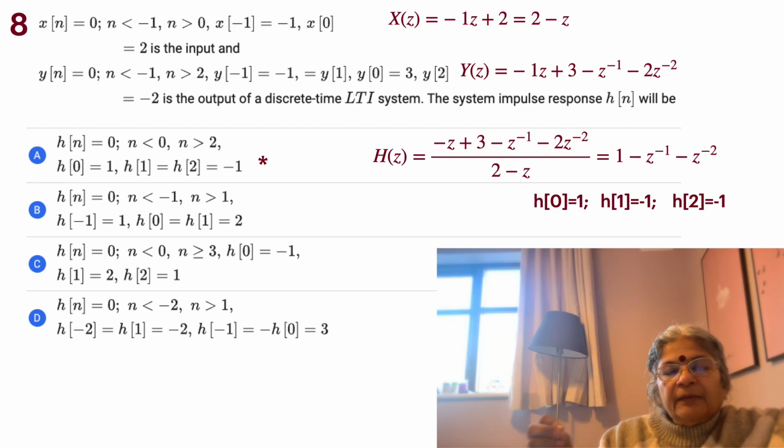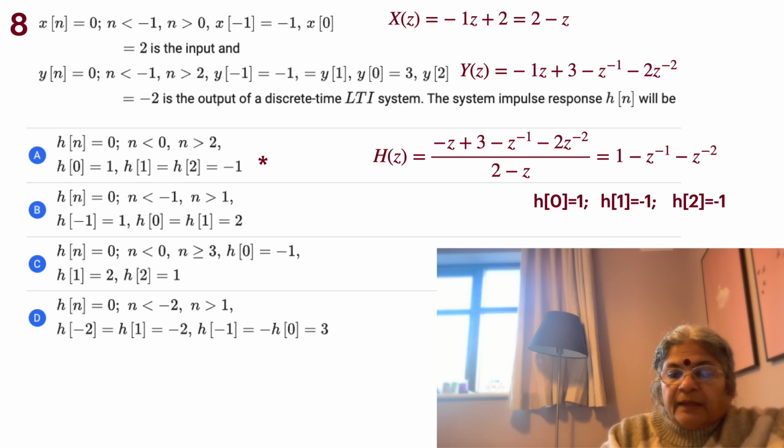Because it's a causal system, it has to be divided such that you have the descending powers of z. So we see that it's the same as 1 minus z raised to minus 1 minus, only then you will get such a signal because it's causal. So 1 minus z raised to minus 1 minus z raised to minus 2, by the long division method.